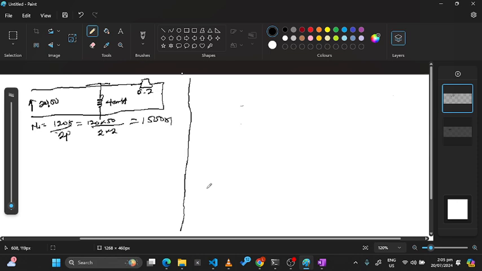If that's the case, then our synchronous speed should be 1500 RPM. Then we know the slip to be 4%, so 4% is 0.04.